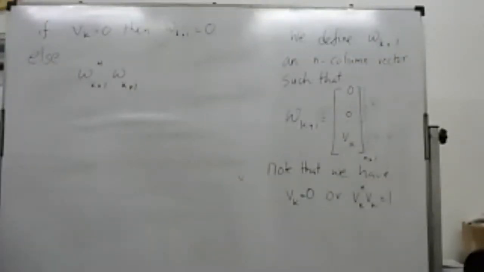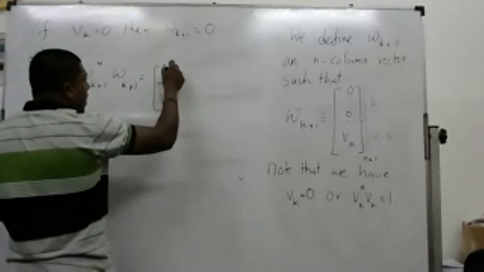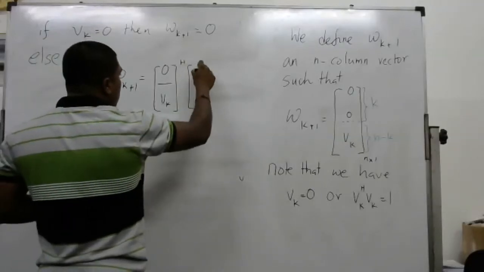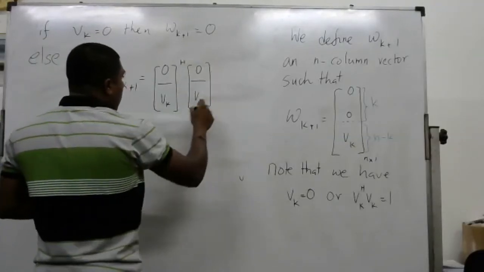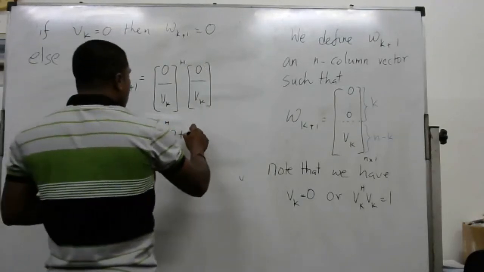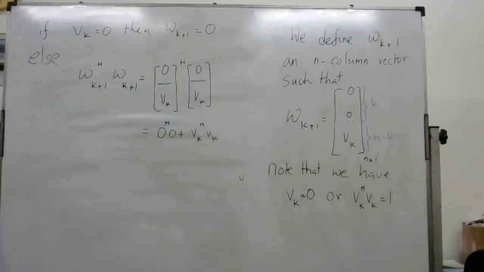So you get 0 Hermitian times 0 plus Vk Hermitian times Vk.